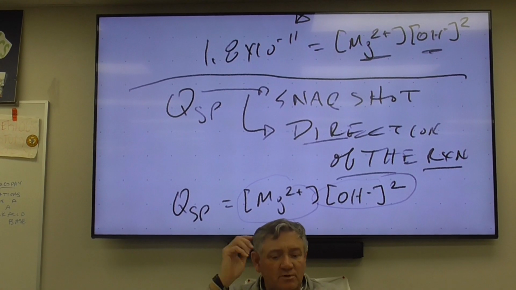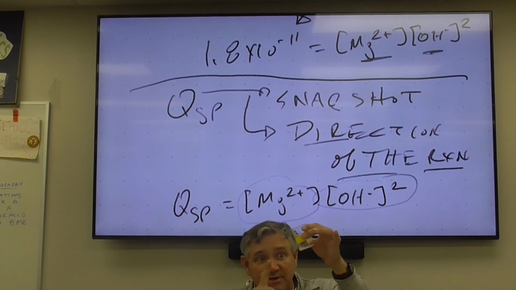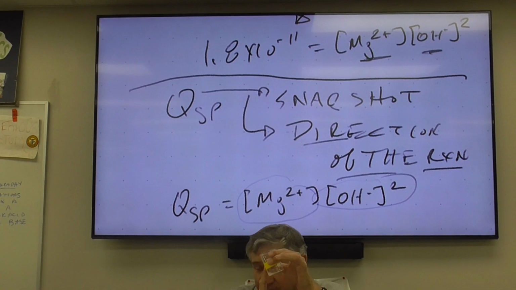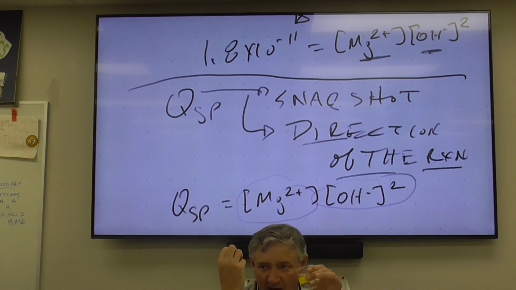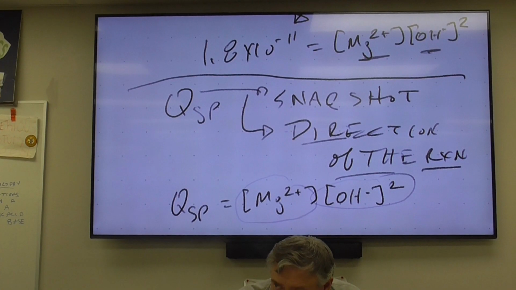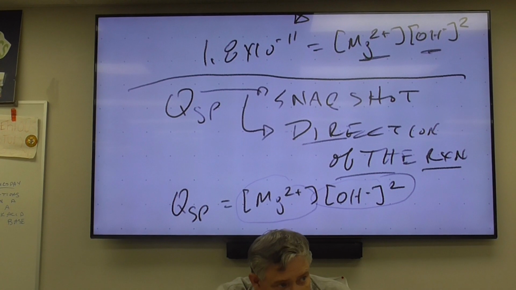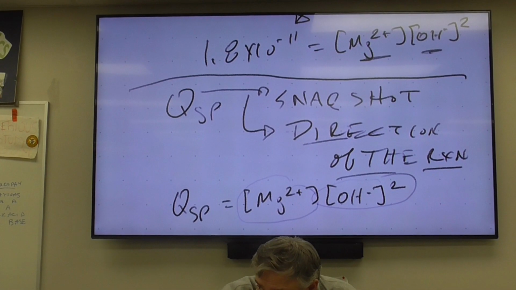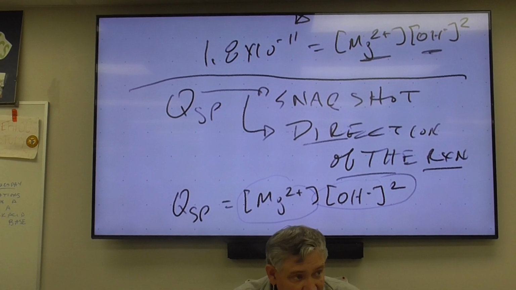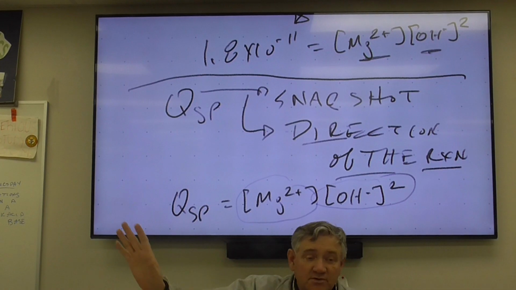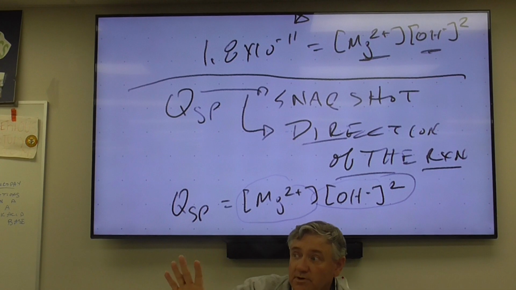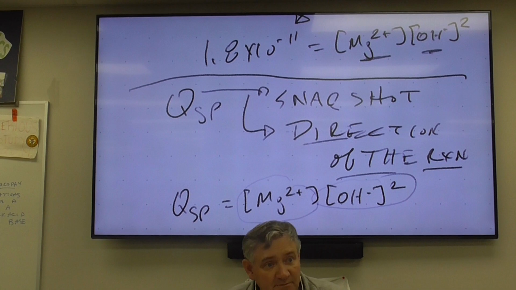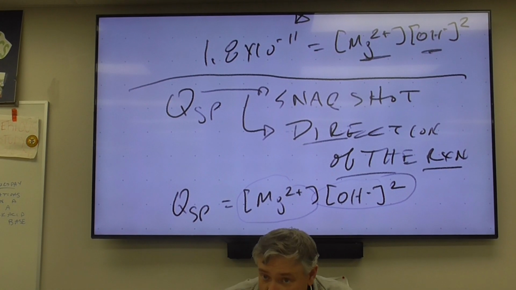So if I were to calculate the Qsp for what I just did, I would have the concentration of my magnesium ions multiplied by the concentration of my hydroxide ions squared right after they mix. Now, oddly enough, we're going to do this just like you did. We're going to work in millimoles, then divide by the total volume to get molarity.